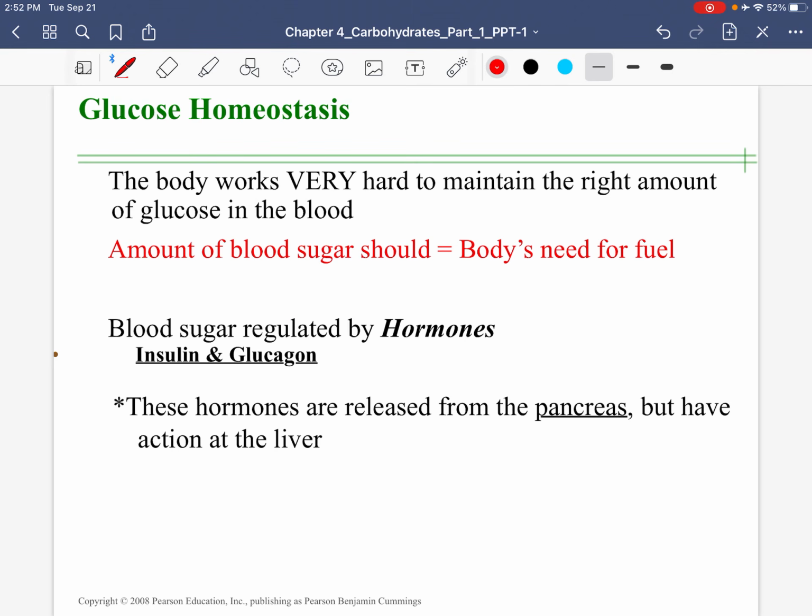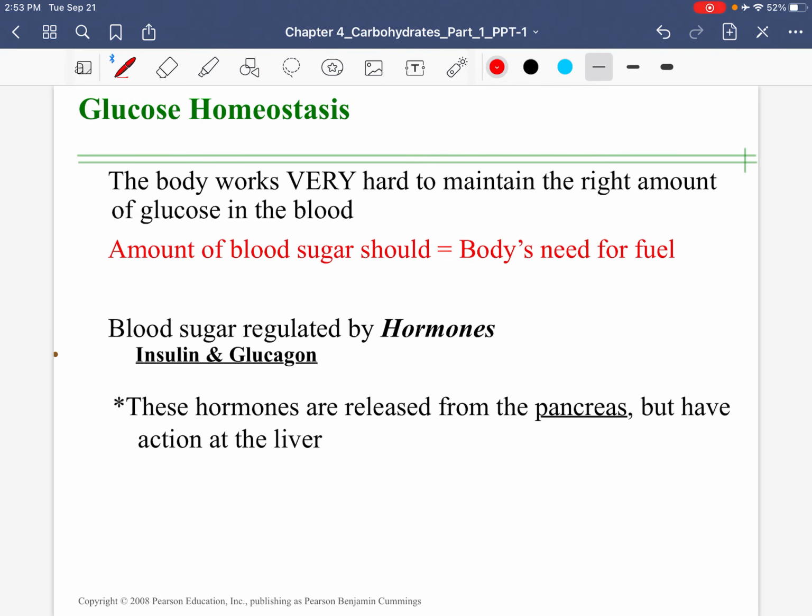Okay, so the idea is the amount of sugar we have in our blood should equal our cells' need for fuel. If you're sitting on the couch, you don't need as much blood sugar because you don't need as much energy, you're not doing anything. On the other hand, if I'm exercising, my body needs more fuel, so therefore I need to have more blood glucose.